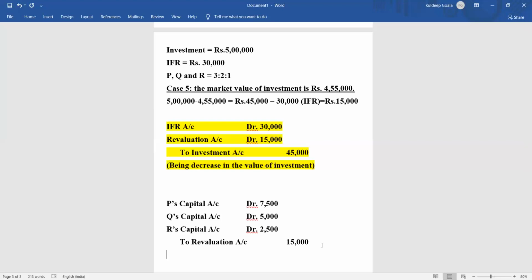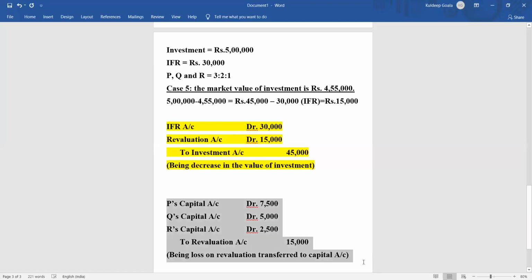What will be the narration? Being loss on revaluation transferred to capital account. Okay, if the capital is fixed, then it will go to the current account. We all know that, right? This is how the entry will appear.